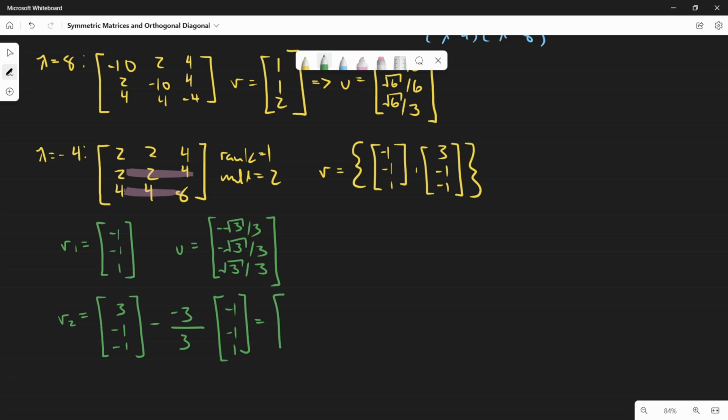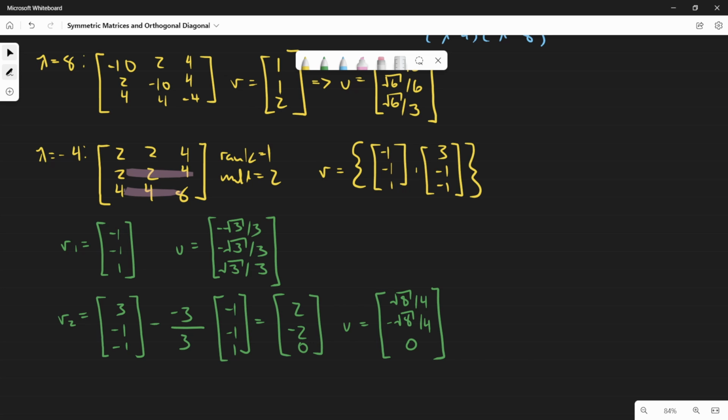So doing this, it's just subtracting. 3 minus 1 is 2, 1 minus 1 is negative 2, then 1 plus 1 minus 1 is 0. And then the unit vector will be, 4 plus 4 is 8, so it'll be 2 over 8, so root 8 over 4, negative root 8 over 4, and 0.